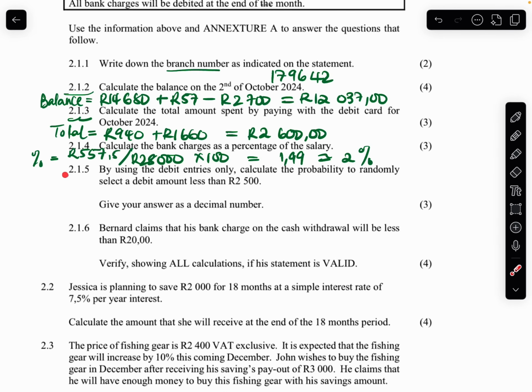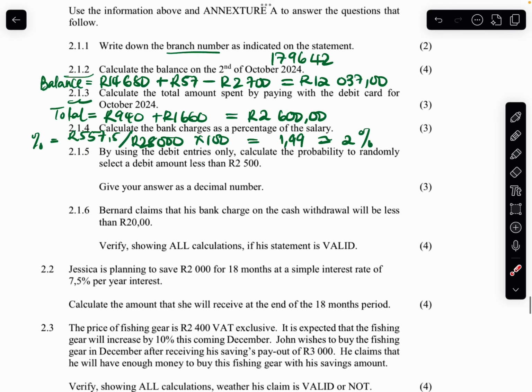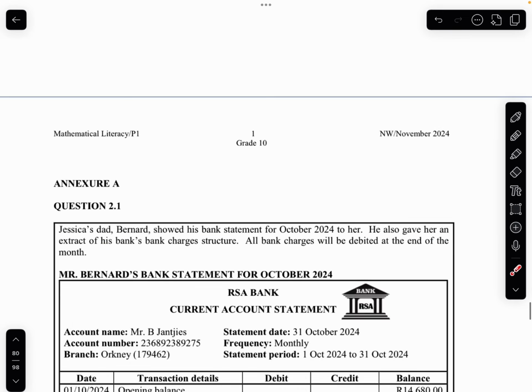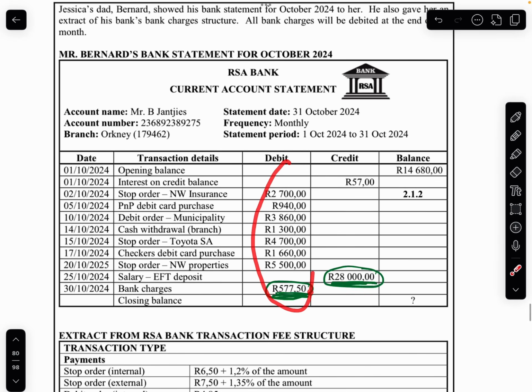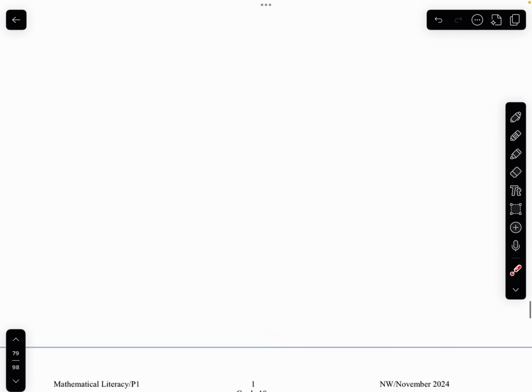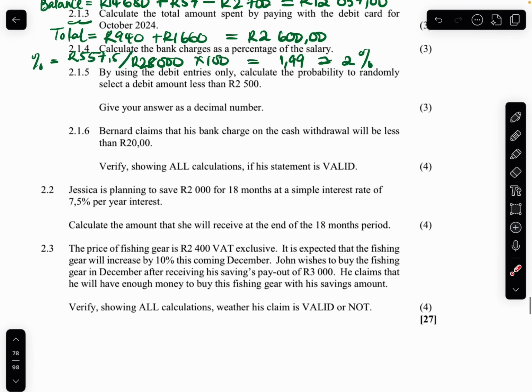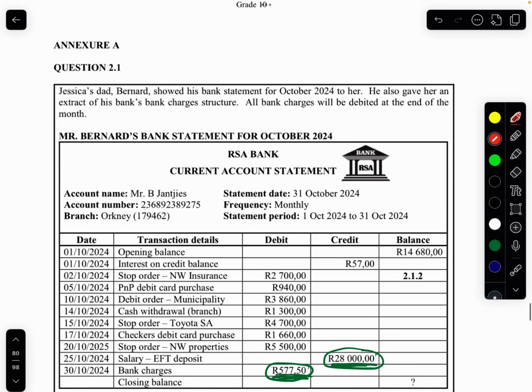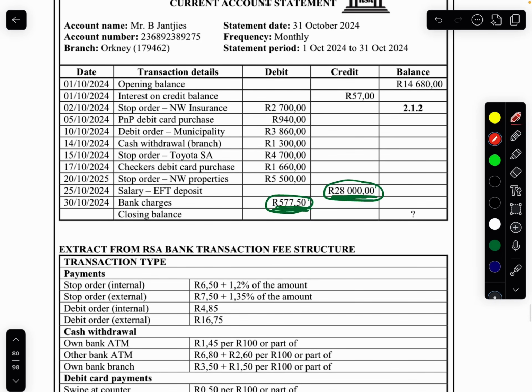Let's move on. Now, 2.1.5, it says by using the debit entries only, which is the debit order, the debit entries only. So we're going to look at this column only, right? That's what they're saying. By using the debit entries only, calculate the probability to randomly select the amount that is less than 2,500. So first of all, let's see how many debit entries there are.